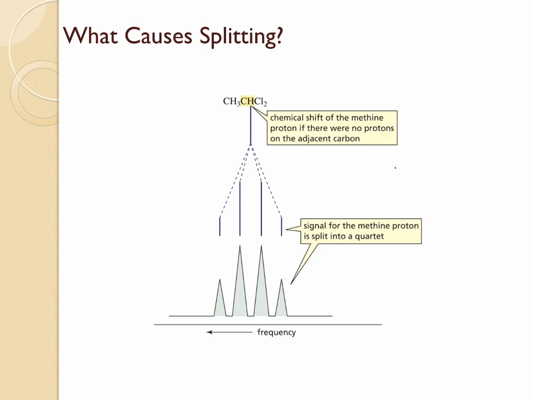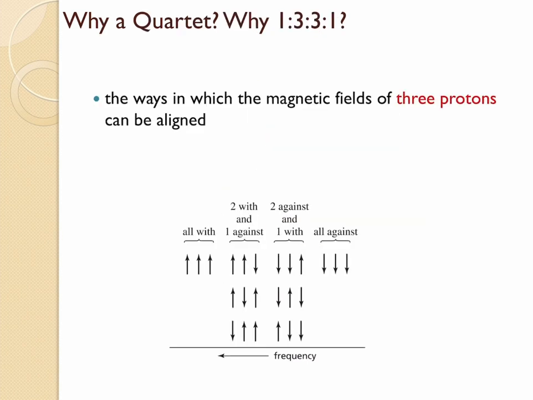And here is the pattern for the quartet. It's going to be the ratio 1:3:3:1. Now, why should we have this particular ratio? Here again, it's going to depend on the magnetic moments of these 3 nuclei. The magnetic fields of the 3 protons can be aligned in different ways. Say, for example, you want the magnetic moments of all the 3 protons aligned with the field, then there is only one possibility.